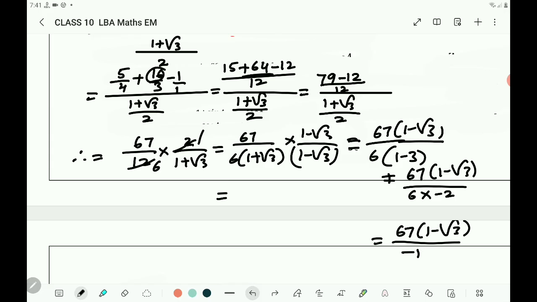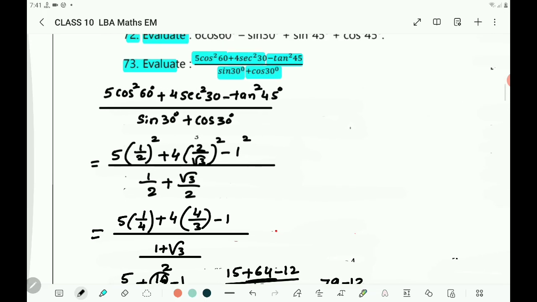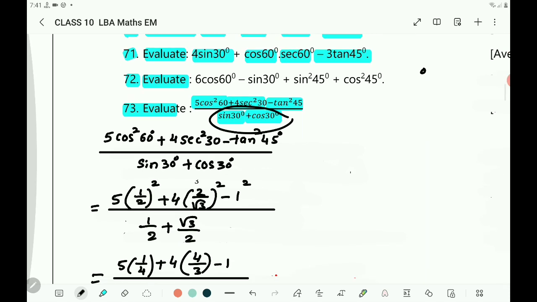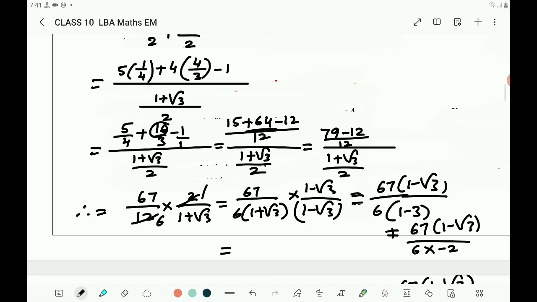So here you take the minus in the numerator by 12. Mostly this question has something wrong in the printing. So a printing mistake may be there. The numerator must be changed here. But whatever it may be, the solution is according to the question.